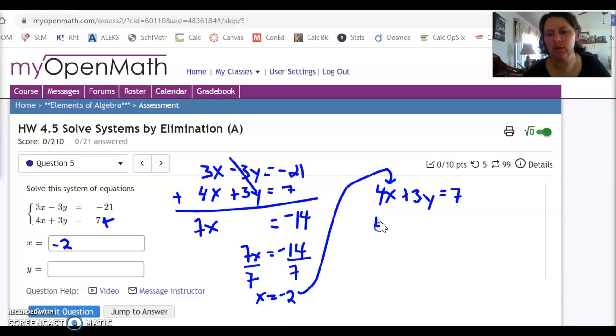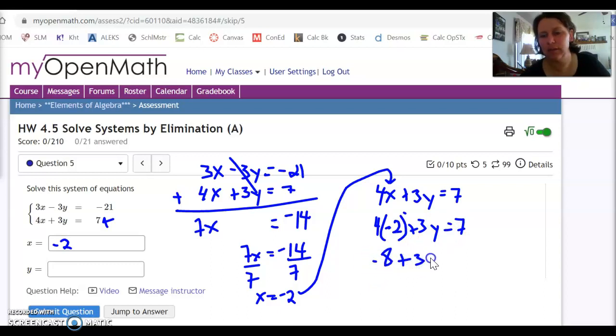I'm going to write the 4, and then instead of the x, put in a negative 2 in parentheses to keep that negative with it. Make sure you remember it's multiplication. So 4 times negative 2 plus 3y equals 7, and we have negative 8 plus 3y equals 7.